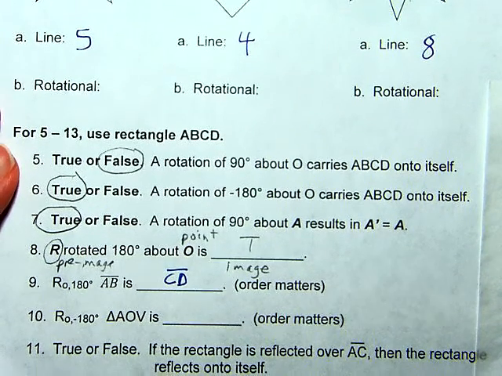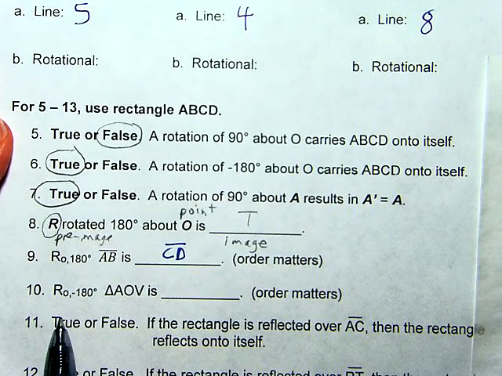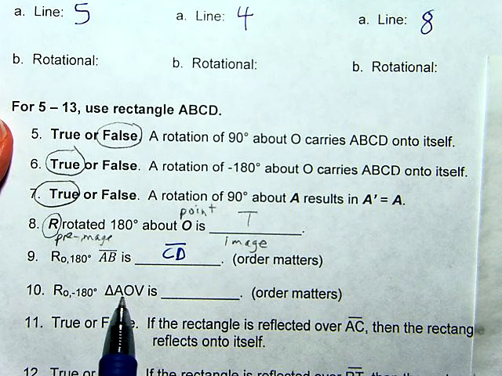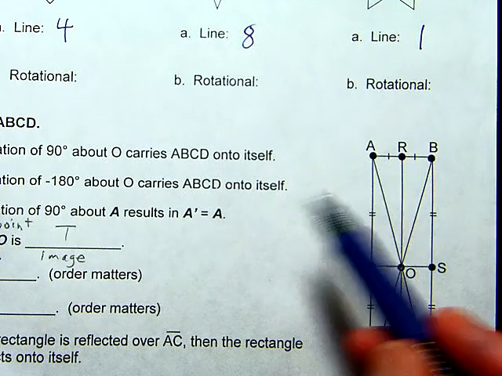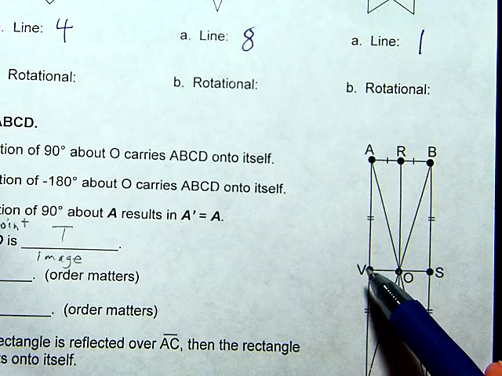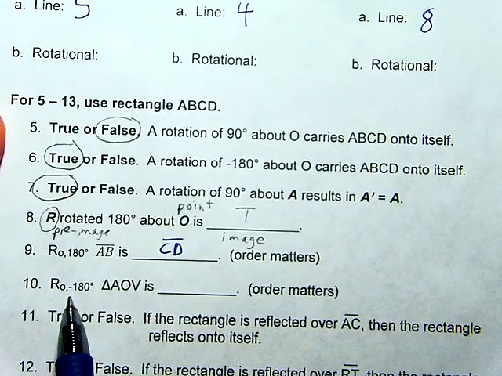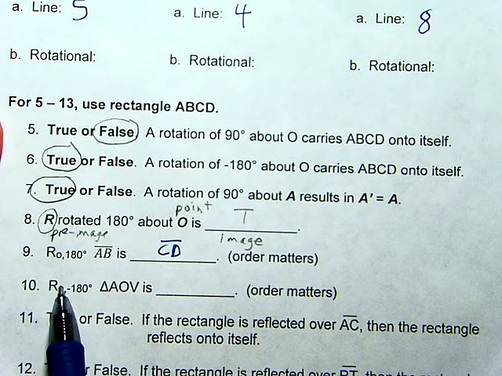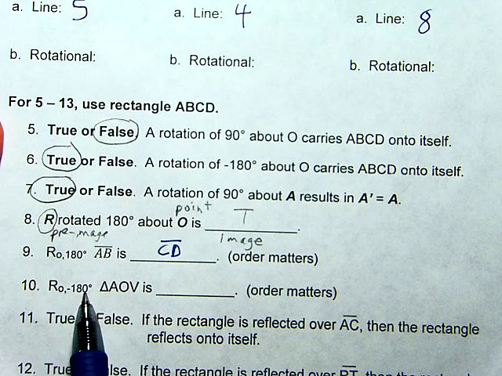Number 10, let's take a look at this notation. This is saying that we are rotating triangle AOV. We are rotating triangle AOV about the center point O again, but this time 180 degrees in the negative direction.